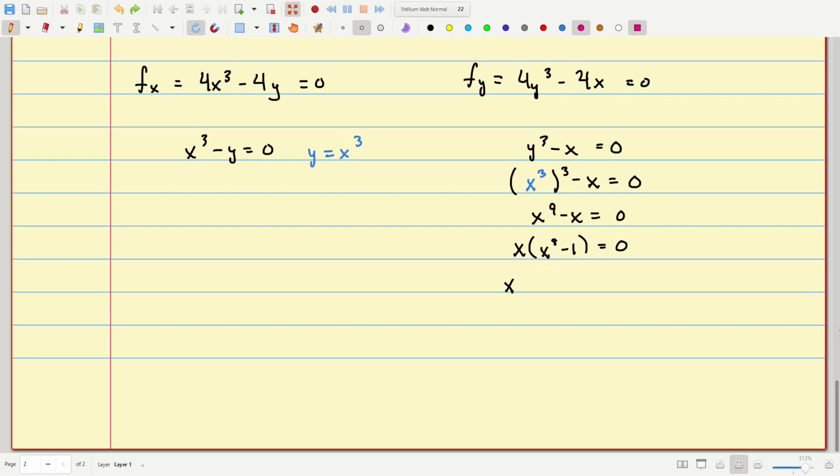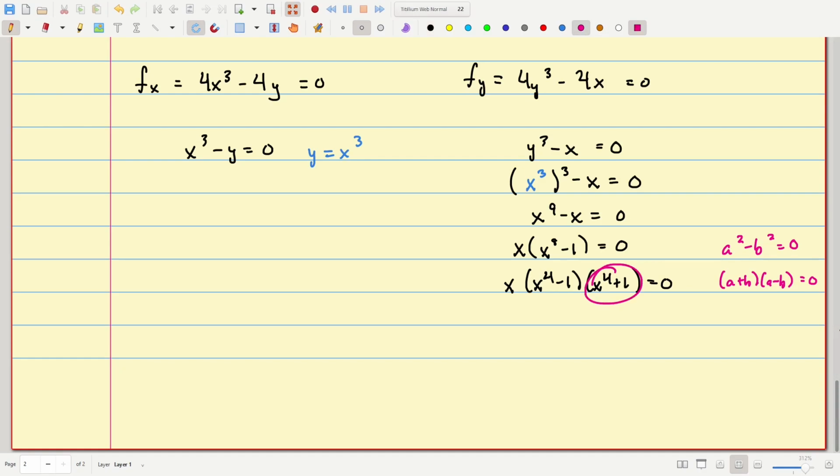This here, I need to recognize as the difference of squares, because it's x to the 4th power quantity squared minus 1 squared. So that I can write that like this.